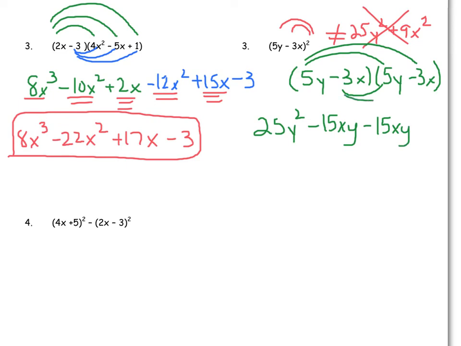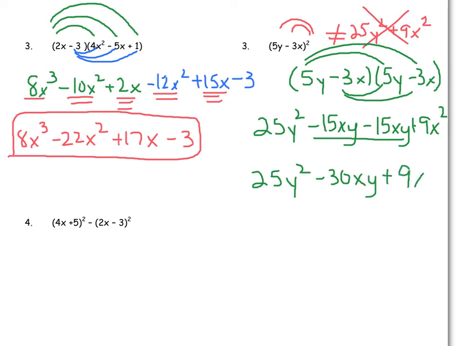And we will end up with a positive 9x squared. And we have the two middle terms that are like terms, and we do generate a trinomial for the answer, not a binomial. So don't make the freshman mistake and try to do it too quickly without the extra effort, and you should do it correctly.